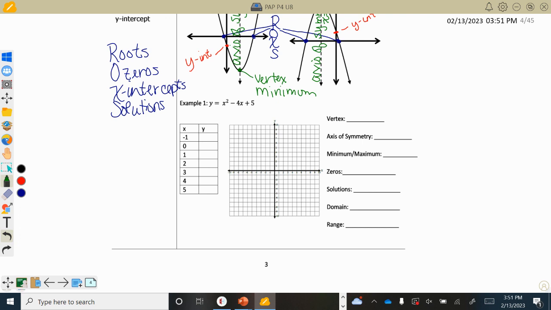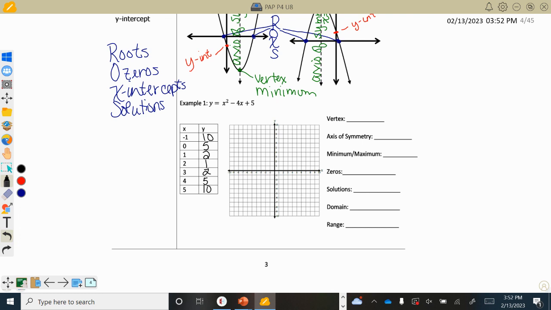If you put it in your calculator and look at your table, at -1 you get 10, at 0 you get 5, at 1 you get 2, at 2 you get 1, and then 2, 5, and 10.